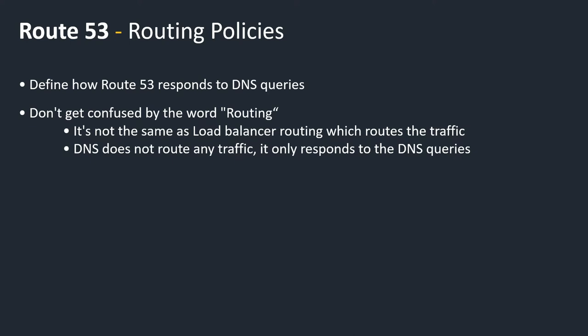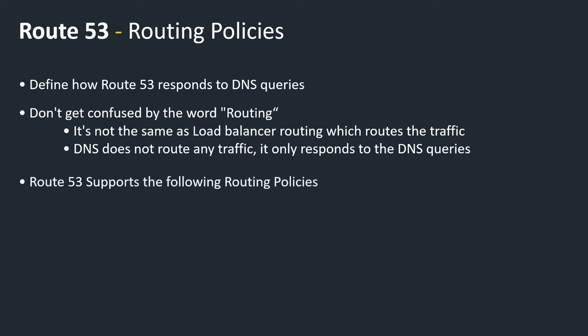The DNS only will respond to the DNS queries, and then the clients will know to which way they should be doing these HTTP queries, for example. So the DNS just helps translate host names into actual endpoints that the client can use.